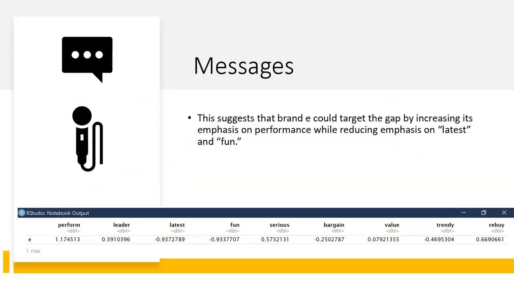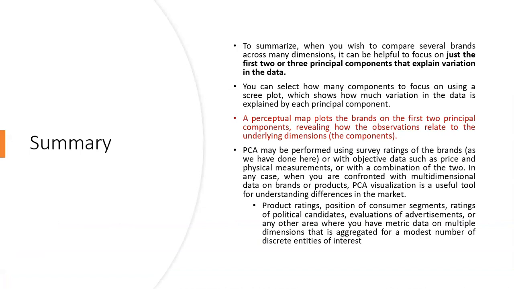So the summary is that when you wish to compare several brands across many dimensions, it can be helpful to focus on just the first two or three principal components that explain variation in the data. You can select how many components to focus on using a scree plot, which shows how much variation in the data is explained by each principal component. A perceptual map plots the brands on the first two principal components, revealing how the observations relate to the underlying dimensions.